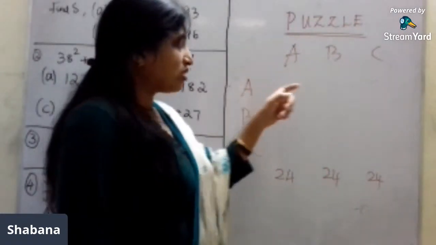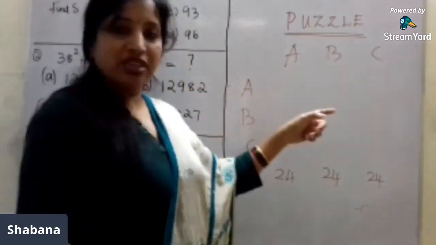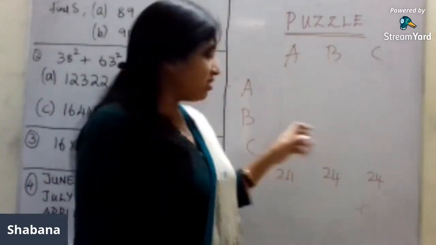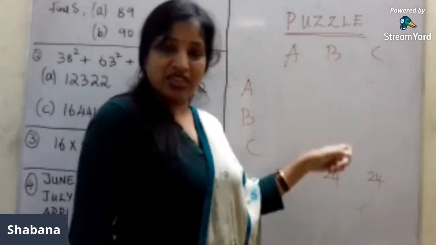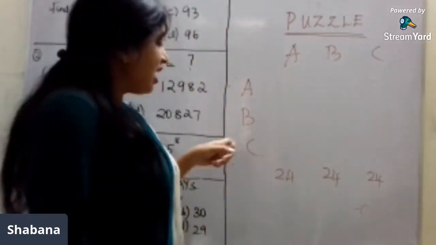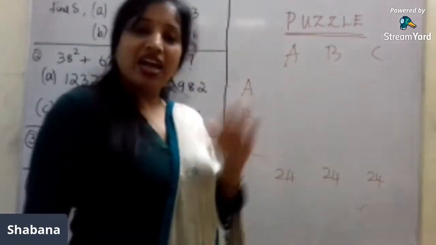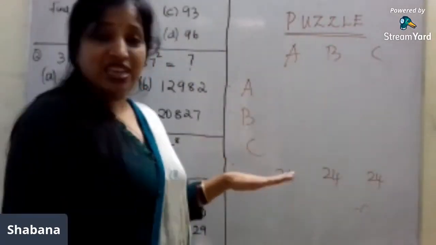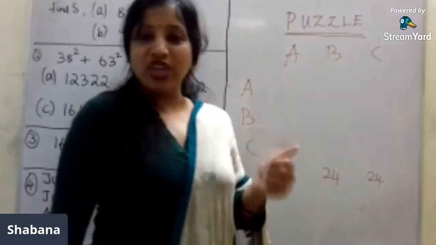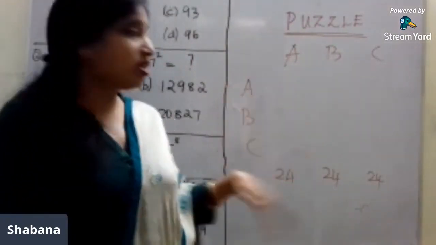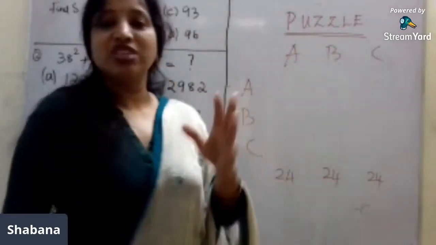A lent tractors to B and C as many tractors as they already had, and B lent tractors to A and C, again as many as they already had, and C lent tractors to A and B as many as they already had. After all the transactions, each of them had 24 tractors. So how many tractors were there before they started to transact, before they started to lend?